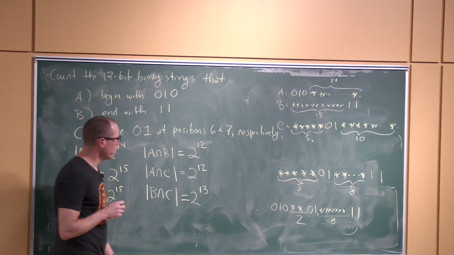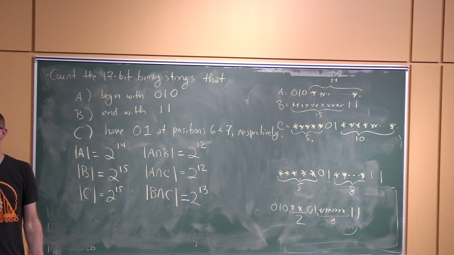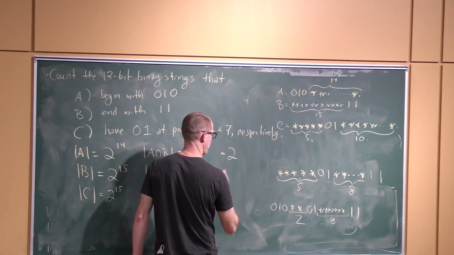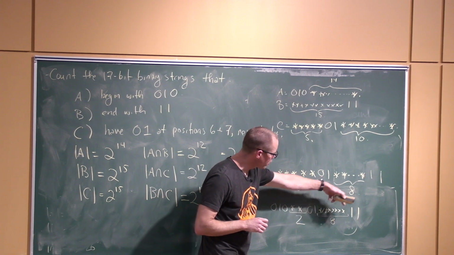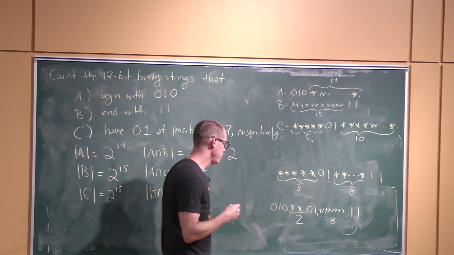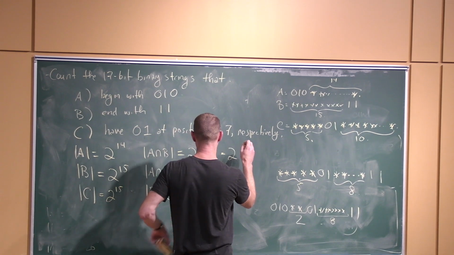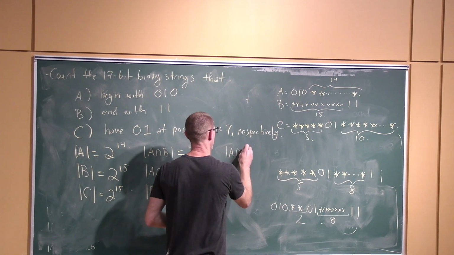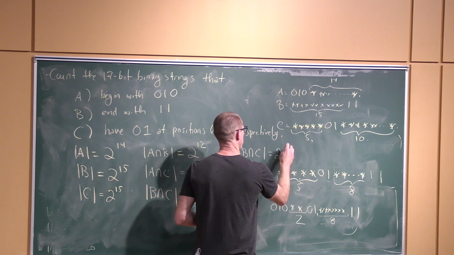How many of those are there? That's 10 steps in my procedure. Each one has 2 choices, so it's 2 to the 10. So the size of A intersect B intersect C is 2 to the 10.